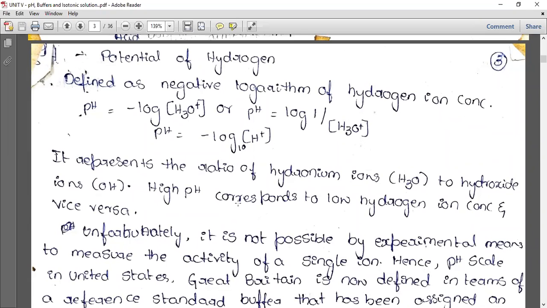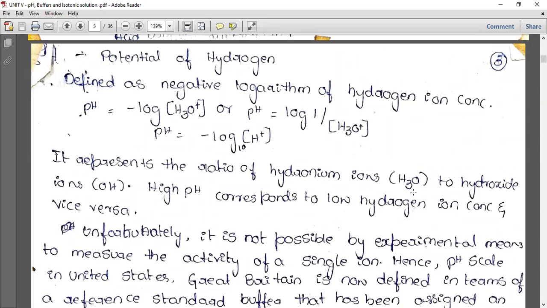We'll talk about that later. In general, just remember that when we say pH is high, it corresponds to low hydrogen ion concentration, and vice versa. If we say low pH, that corresponds to high hydrogen ion concentration. I hope you're getting it. As the hydrogen ion concentration increases, hydroxyl ion concentration decreases. It's a balance between H plus ion and OH minus ion.